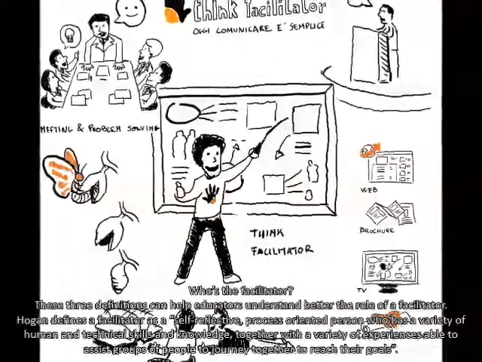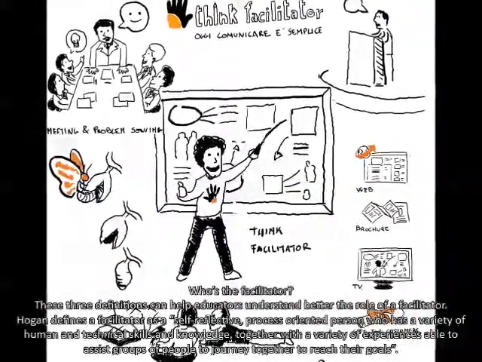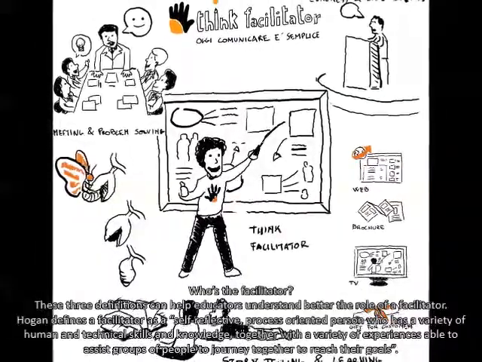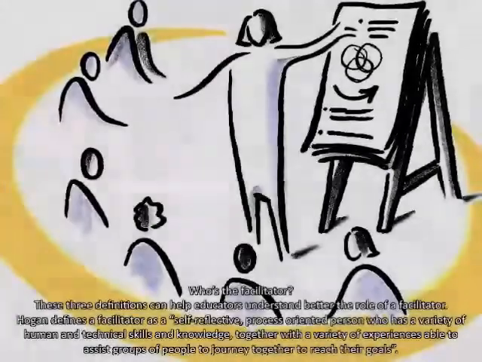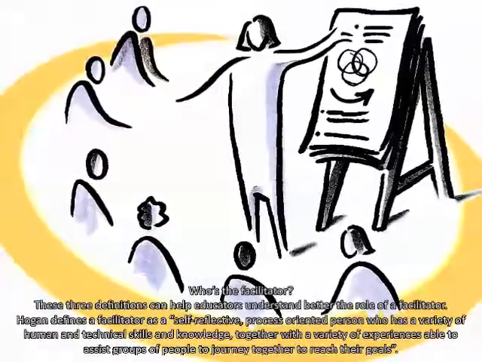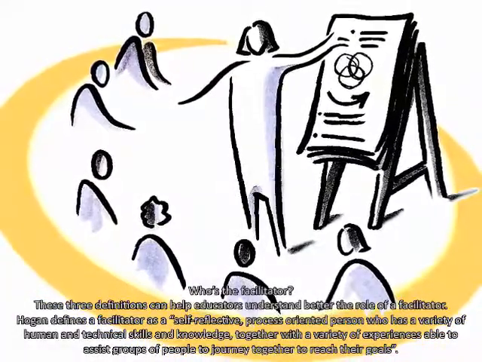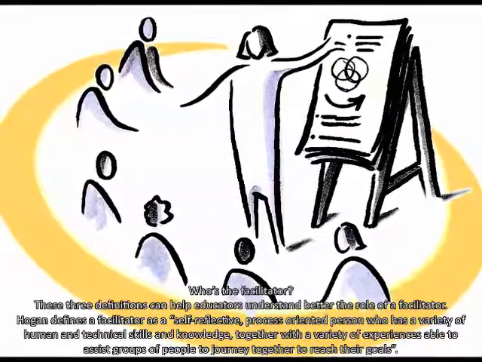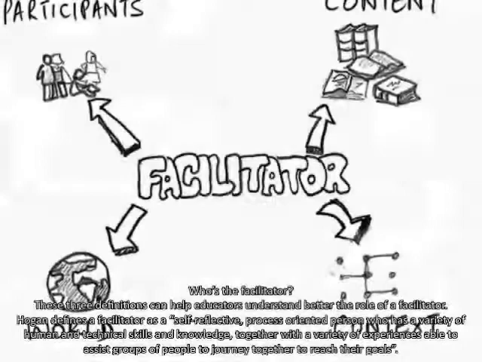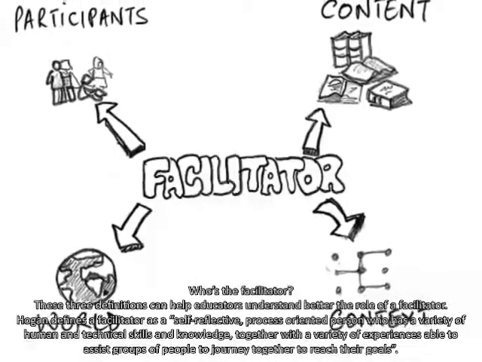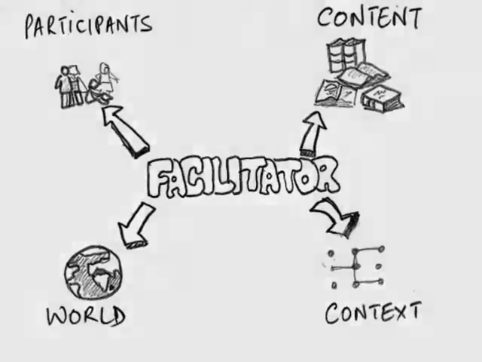Hogan defines a facilitator as a self-reflective, process-oriented person who has a variety of human and technical skills and knowledge, together with a variety of experiences, able to assist groups of people to journey together to reach their goals.